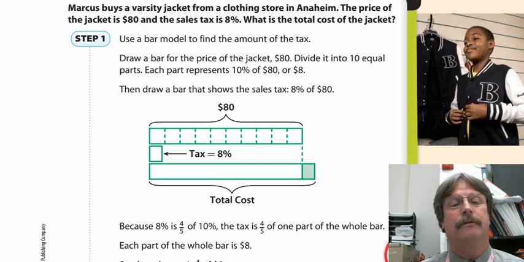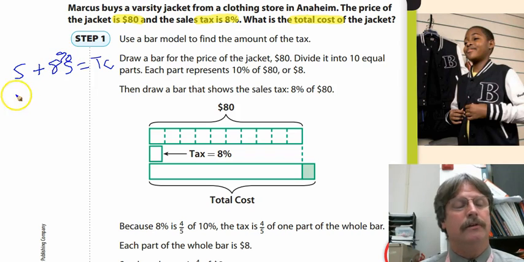Again, we have to highlight our important information, sales tax, and then what's the total amount. If we remember, I'm going to use S as our original amount of 80, plus 8% of S, and that's going to equal our total cost. If we do the steps first, 8% divided by 100 on a calculator comes out to 0.08.